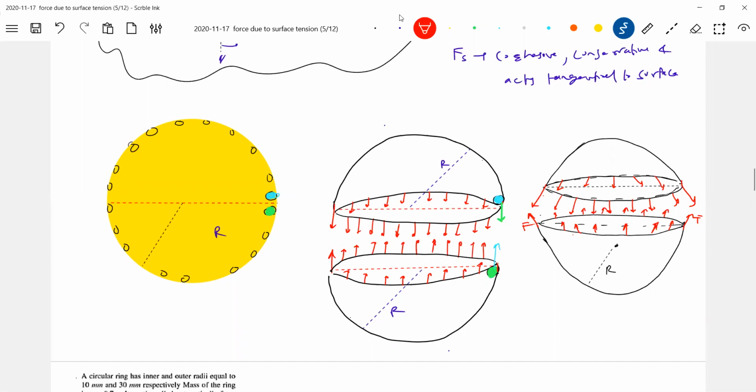So try to imagine the force due to surface tension at this particular point. How should it act? It should act in this way, tangential. For a free surface, you draw a tangent, and that will be the direction of the force.